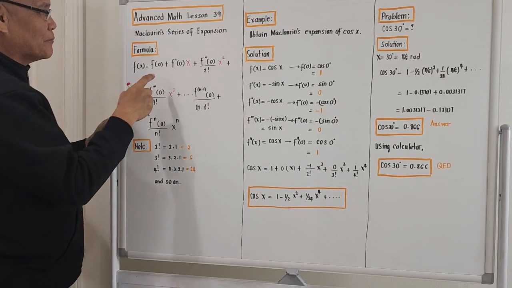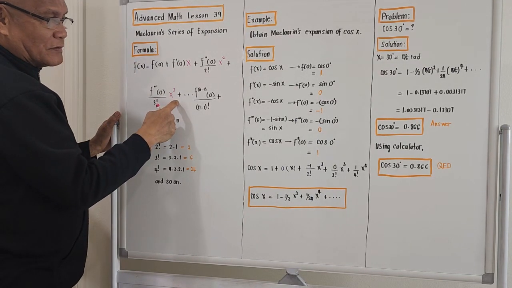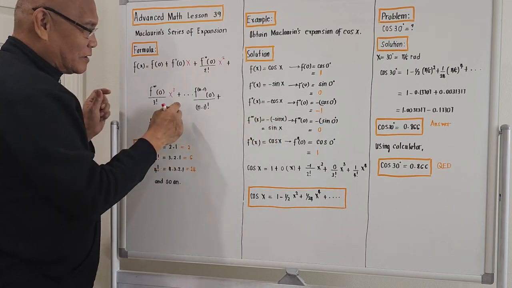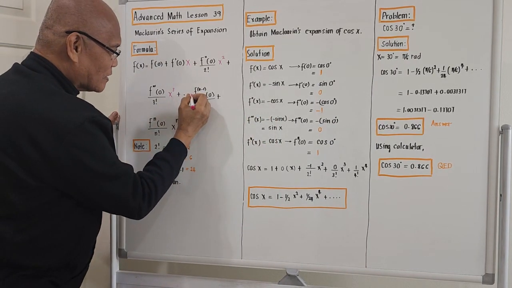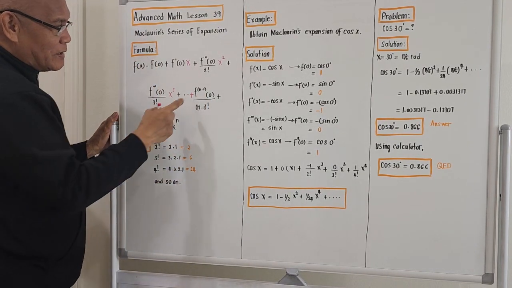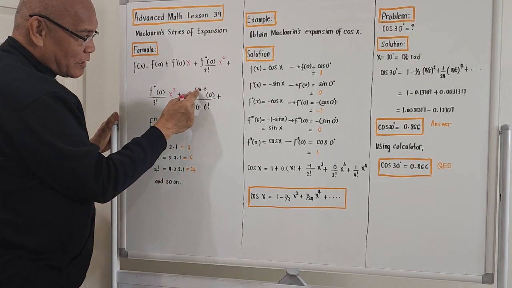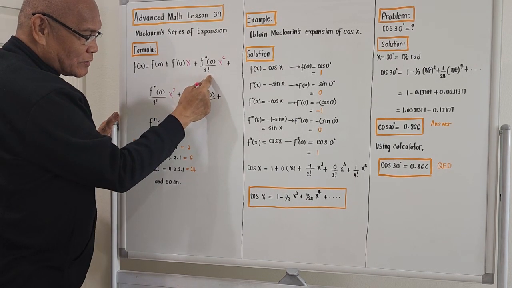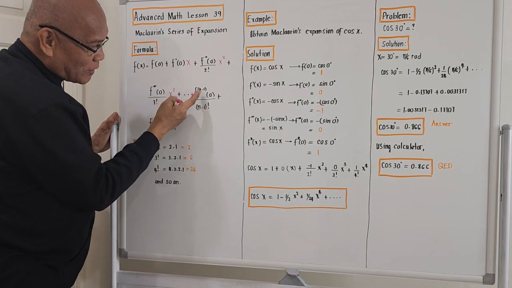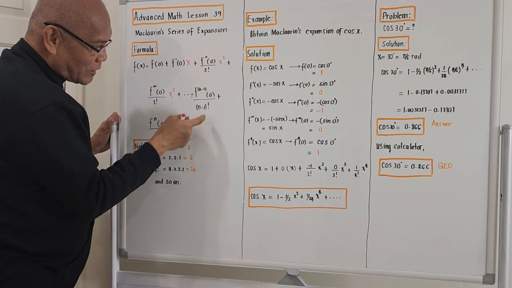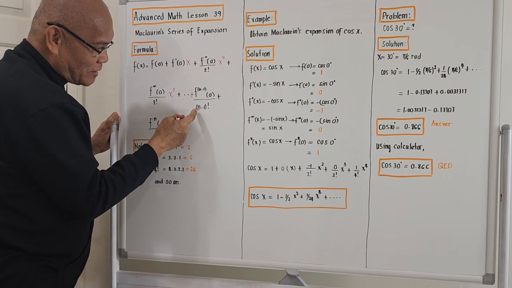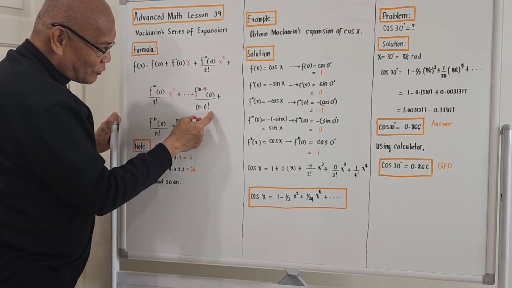Plus, there should be many more terms, but this is plus, plus. The second to the last will be f of n minus 1 of 0 all over n minus 1 factorial. The factorial at the bottom is equivalent to the exponent.